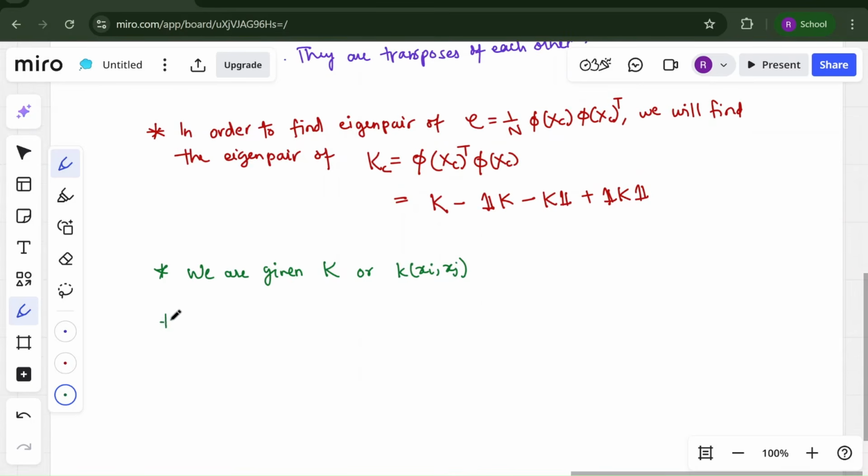What are some popular choices? There are two primary examples of popular kernels, or popular choices for K. One is called the polynomial kernel and the other one is called an RBF or a Gaussian kernel.